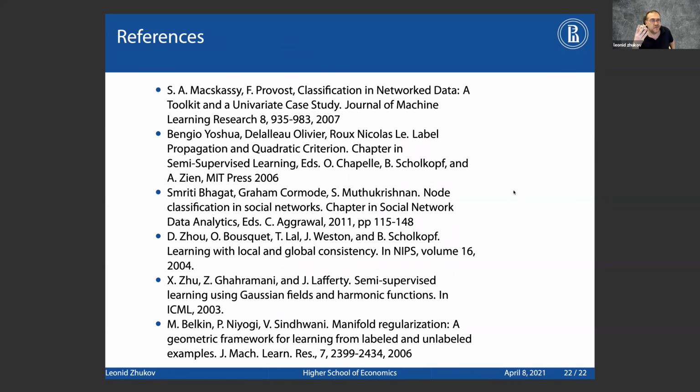To sum up, there are a bunch of references. There has been a lot of work in this domain. And again, the idea is that you can either try to propagate values in a very naive, straightforward fashion based on the edges, or you can try to encode the edge connectivity into the features and then use traditional machine learning algorithms, or you can look into the semi-supervised learning approach, the one we discussed today, where we use the connectivity pattern.